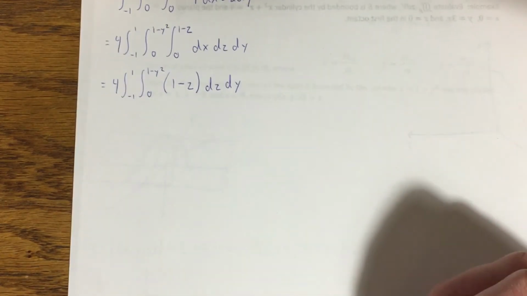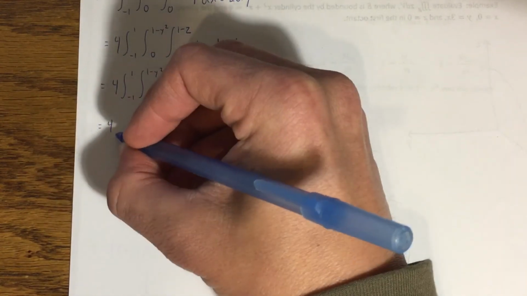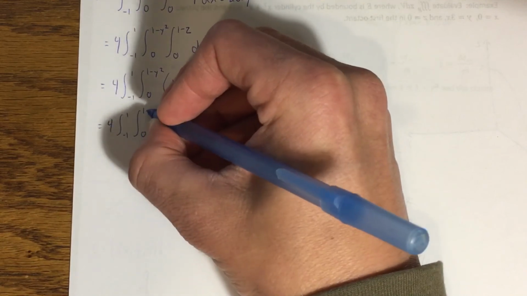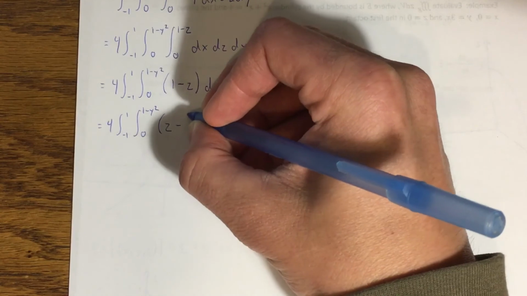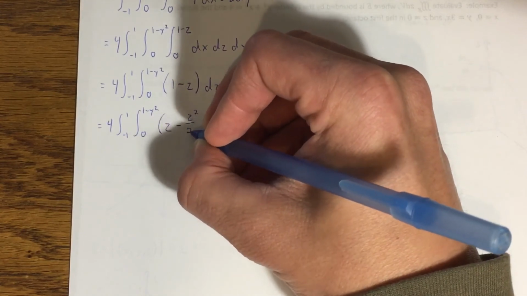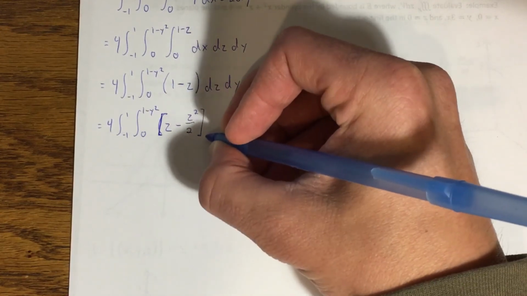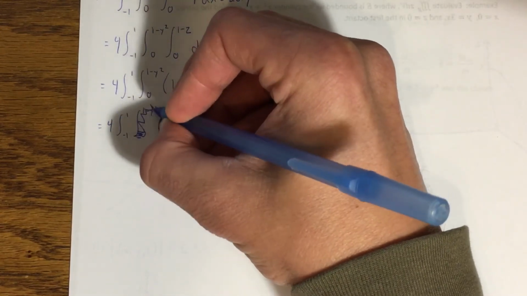Okay, now we're going to integrate this with respect to z, so that's going to give me 4, integral from -1 to 1, of z minus z squared over 2. Actually, I'm going to use square brackets there. And here we evaluate, oh, you know what, I made a mistake. I shouldn't have included this integral right here.